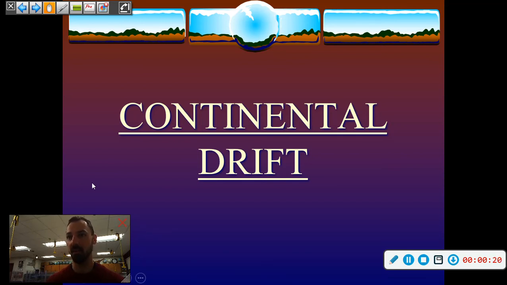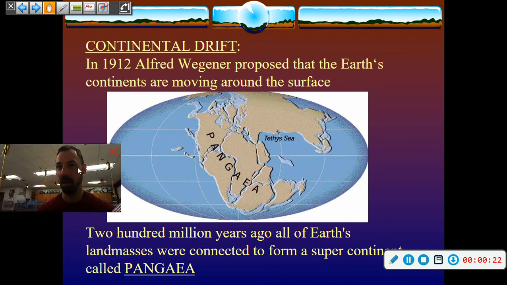First thing, turn of the century, 1912, Alfred Wegener, a German scientist, proposed the Earth's continents are moving around the Earth's surface. What he looked at, of course, was the puzzle piece fit.